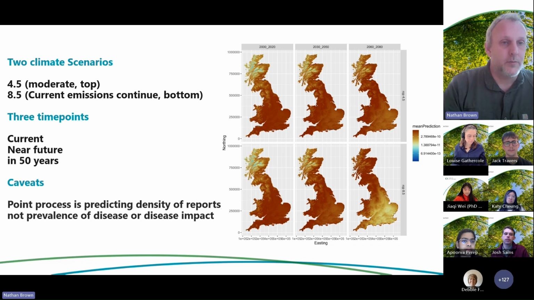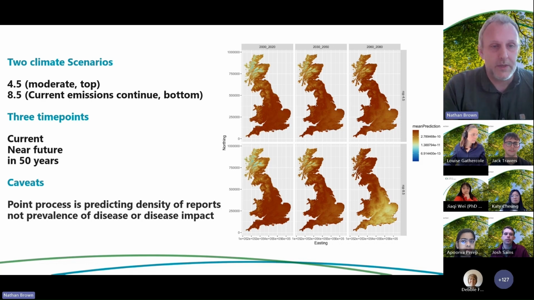So CEH has produced lots of maps and predictions for these, so we can get various environmental variables that we expect might happen at different time slices. So on the left, we have 2000 to 2020, then we have around 2050, and then from 2060 to 2080.